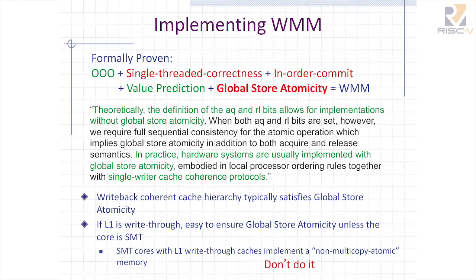Whereas we are saying you should have global store atomicity. And it's very easy to guarantee global store atomicity in practice, I believe. Any write-back cache coherent hierarchy is globally store atomic. If you have write-through caches at the L1 level, they are still globally store atomic, except when you have SMT cores. So just don't do it.